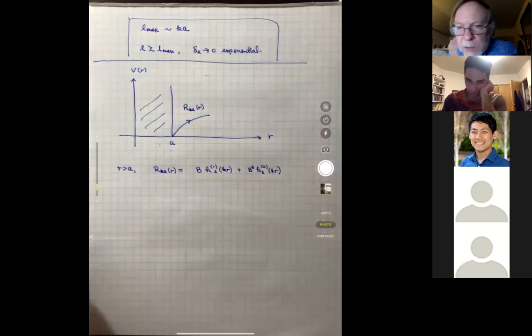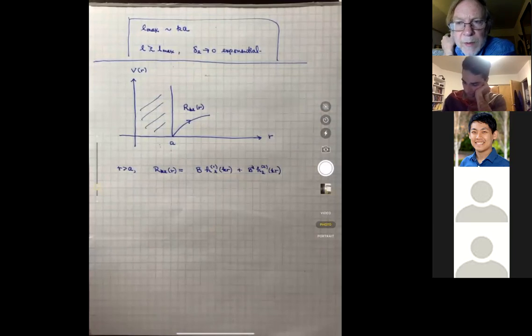This is the same expression I wrote down earlier when talking about the asymptotic form of the exact radial wave functions for some potential V of r. However, in that context, that was just an asymptotic form of the radial wave functions. We hoped the potential died off fast enough that it would be essentially free at a large enough radius.